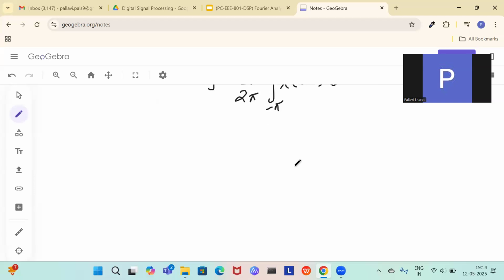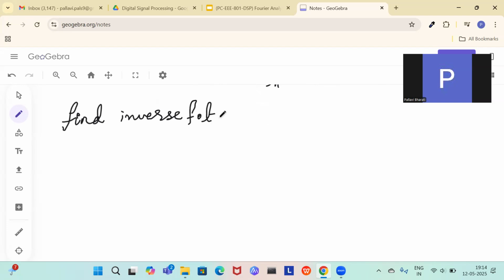Now, let us do a question on this. You have been told to find the inverse Fourier transform of the following.